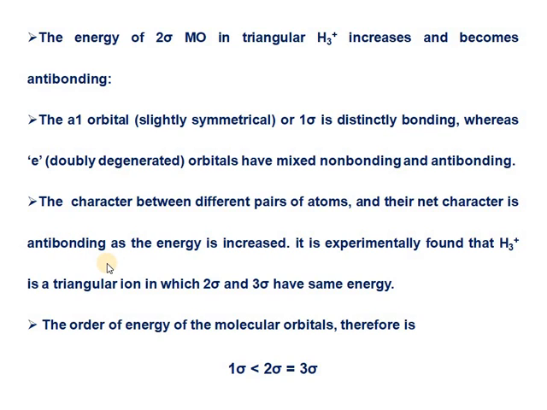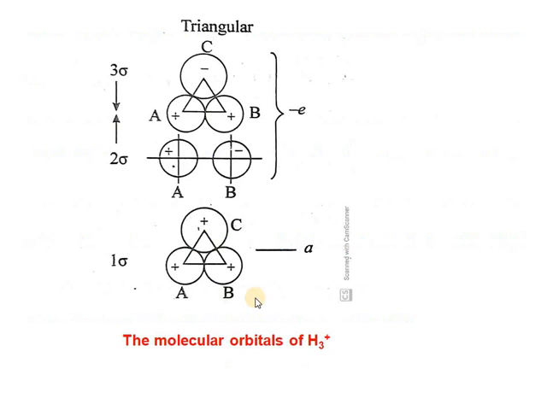Why? Because the 2σ and 3σ molecular orbitals will have the same energy. But the 1σ orbital has less energy than these, because the E doubly degenerate orbitals show the character of antibonding molecular orbitals.